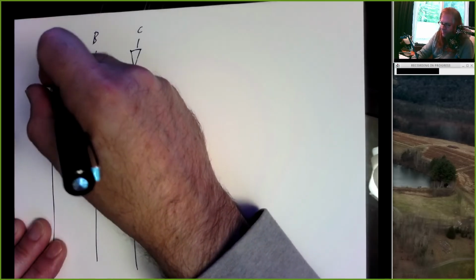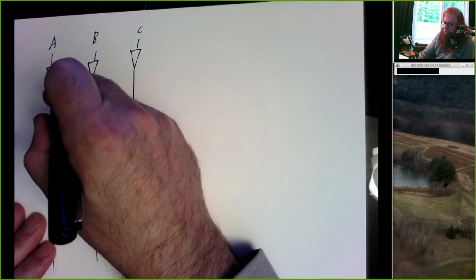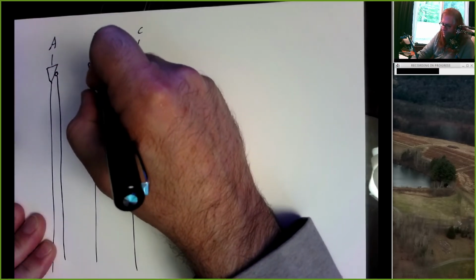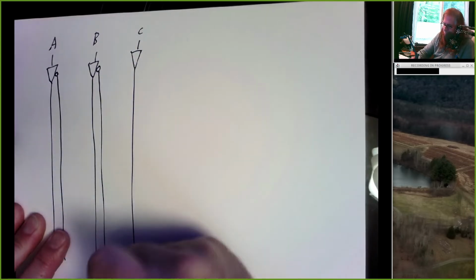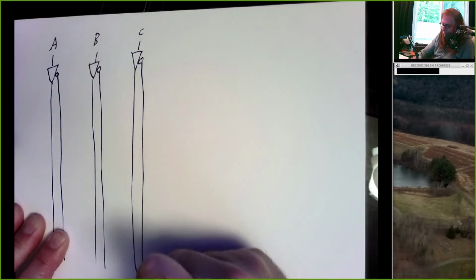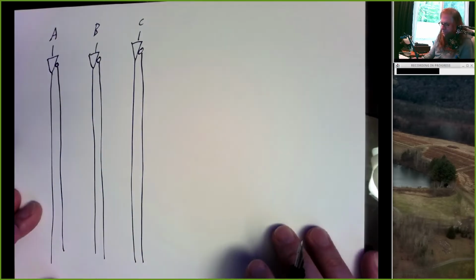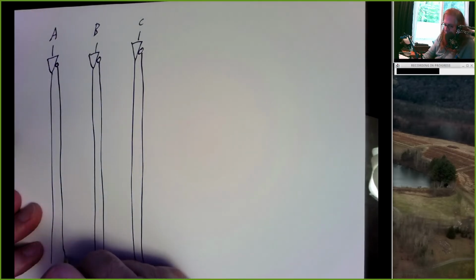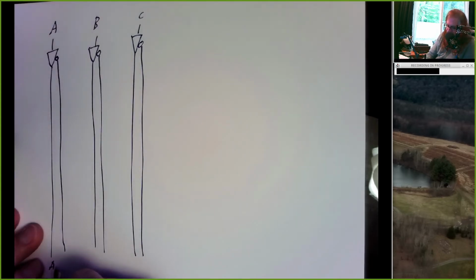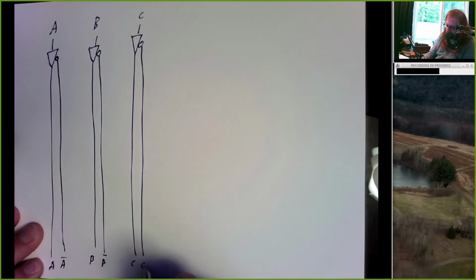But we're drawing a triangle here so that we can draw a little circle next to it, which means let's invert this. Okay, this is not standard symbology for drawing circuits. This is only for talking about programmable logic. But if you see this notation, what it means is this line is A, this is A bar, this is B and B bar, C and C bar.